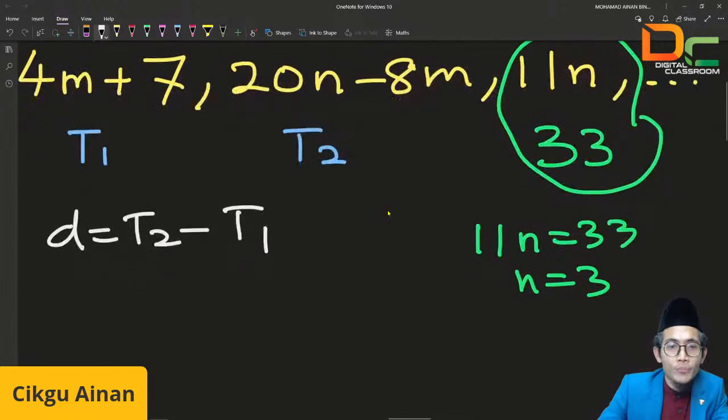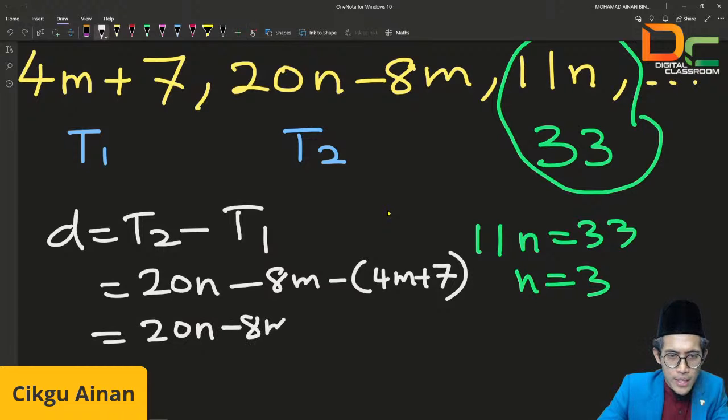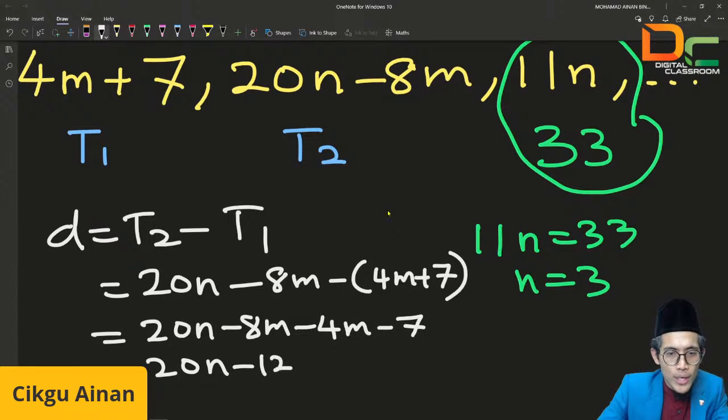So we can find 20n minus 8m minus 4m plus 7. Okay, so we can simplify it. So 20n minus 8m minus 4m minus 7. Okay, so m ni we group them together. 20n minus 12m, minus, sorry. Correct.